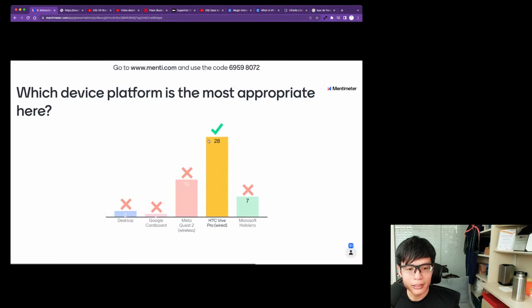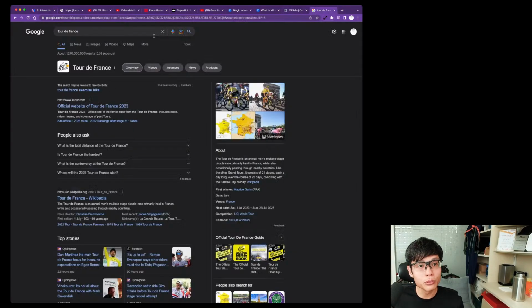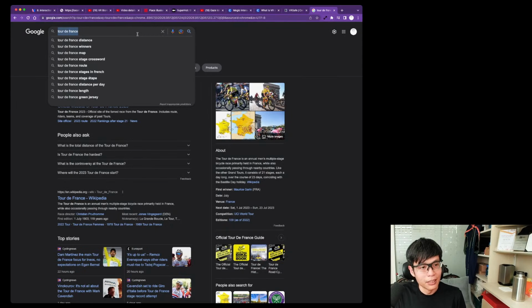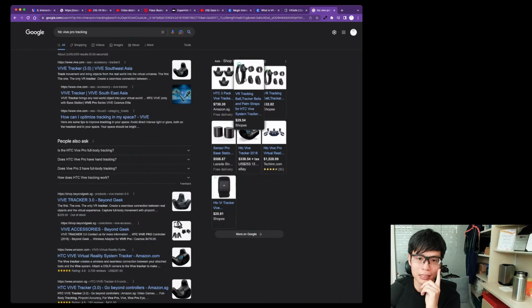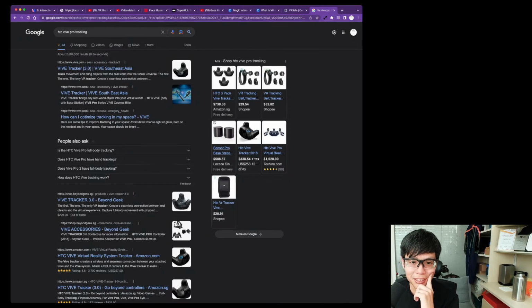And what is the system that allows you to do that, understanding what the system is? If you know what HTC Vive Pro is, if you don't, just search once again HTC Vive Pro tracking. Immediately you can see, even without clicking.